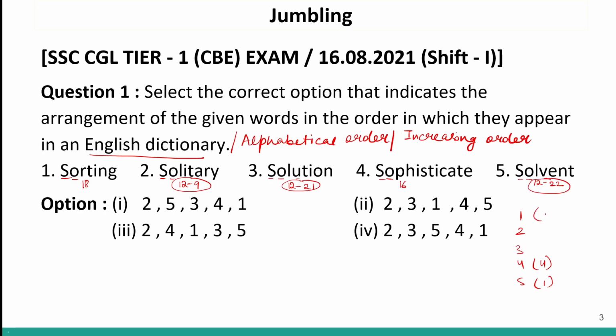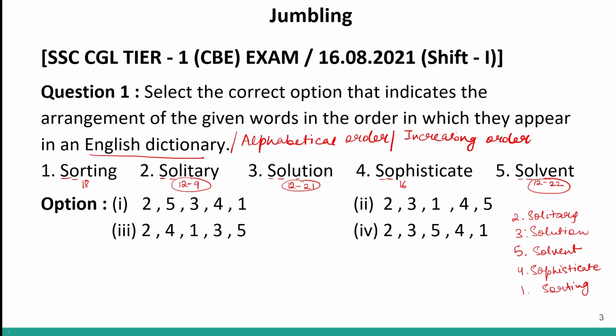So at the first position will be solitary, or let me write them, so to eliminate any confusion. So second solitary, then we have solution, then we have solvent, then we have sophisticate, and lastly we have sorting.